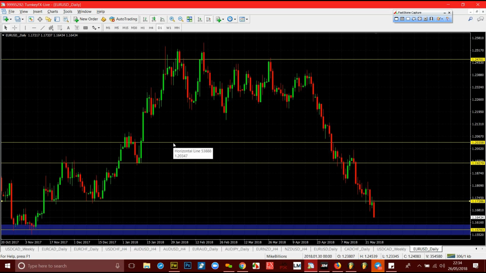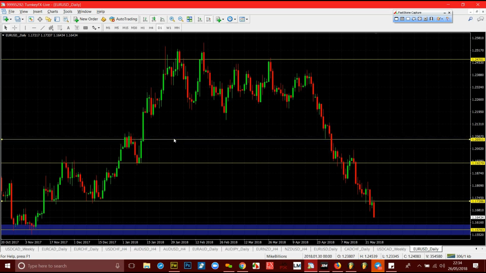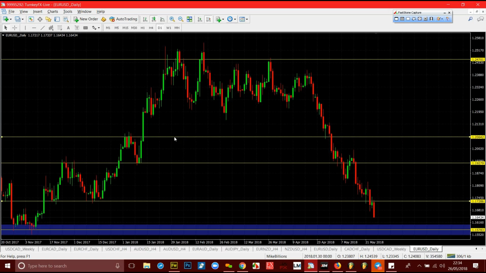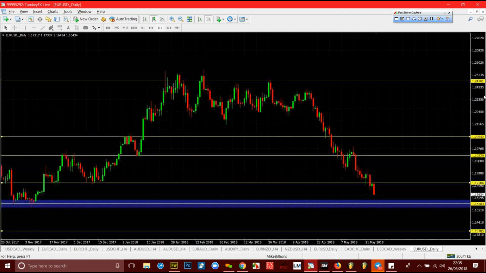So right now I could decide to adjust this and put this up here. Why? Because it's much more, although this is a demand zone, because I see a little more reaction on this side, so I could keep that there. I'm not saying this is going to go back up. I still believe this is going to keep coming down, but just in case, just to capture them properly.